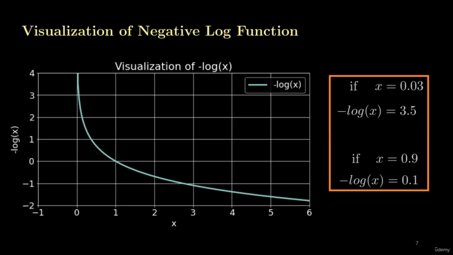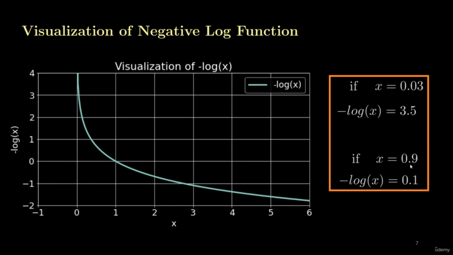If x is equal to 0.03, that is a very small value of x, we are somewhere here, very close to 0. In that case, the negative log of x is 3.5. So if x is very small, the value is large, that is 3.5.